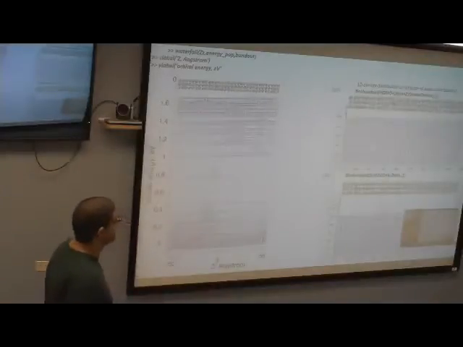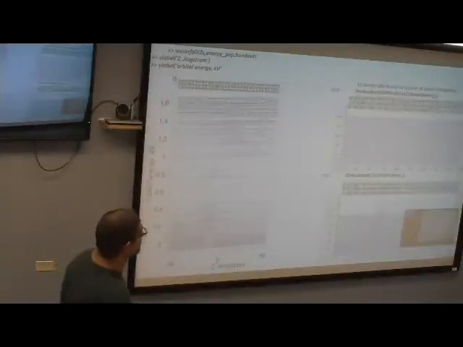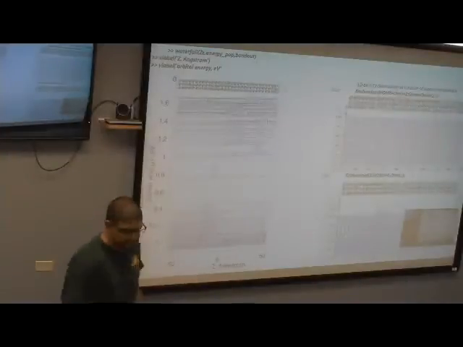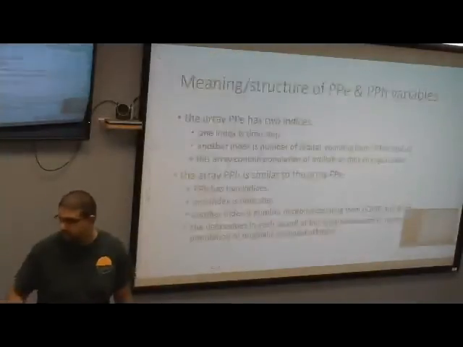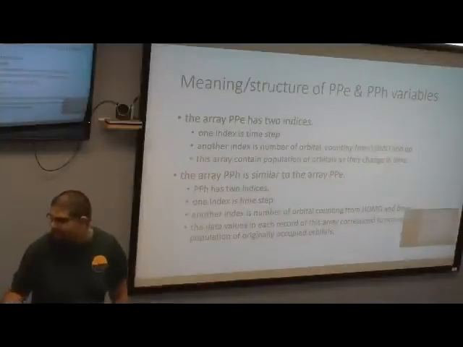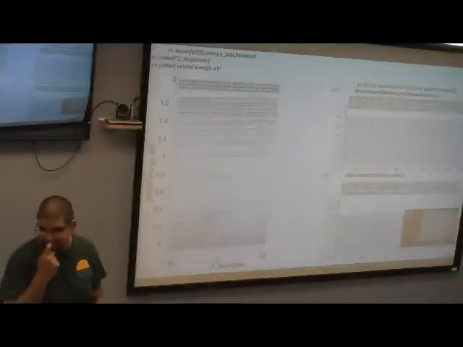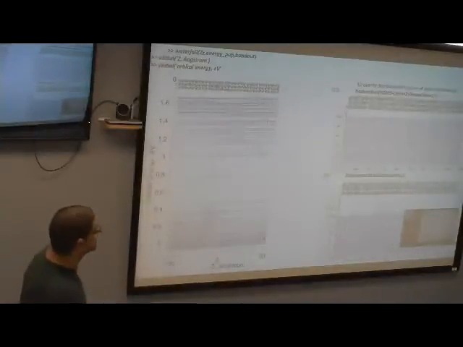And you have the same thing right here for these two graphs. These are just different orbitals. What is the connection between the left and right parts of your slide?